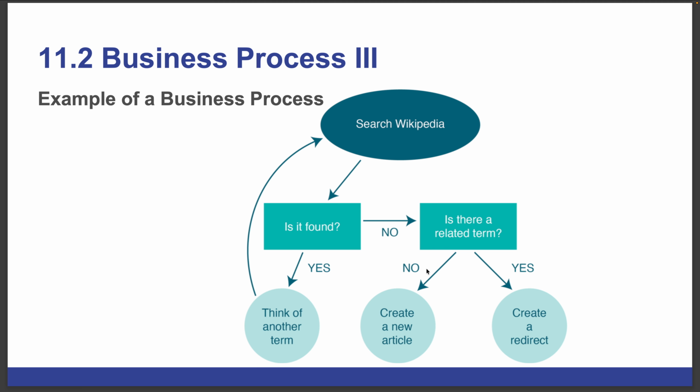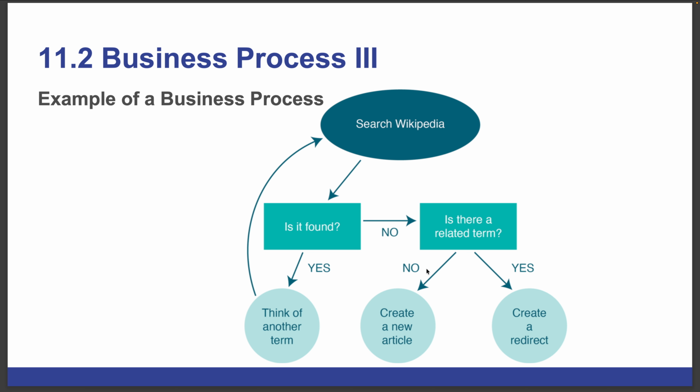If it is found, then there are two possibilities. One, it is up to date with the latest information, or one may choose to update it with the information and then go ahead with searching another term to create another Wikipedia page which is not already there on Wikipedia.